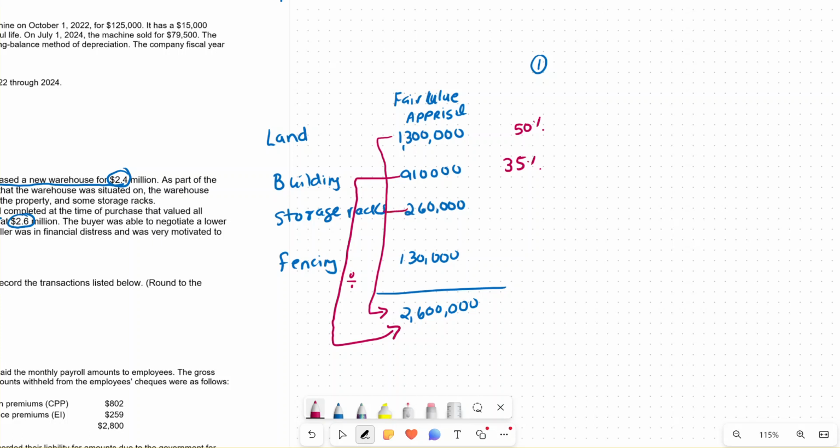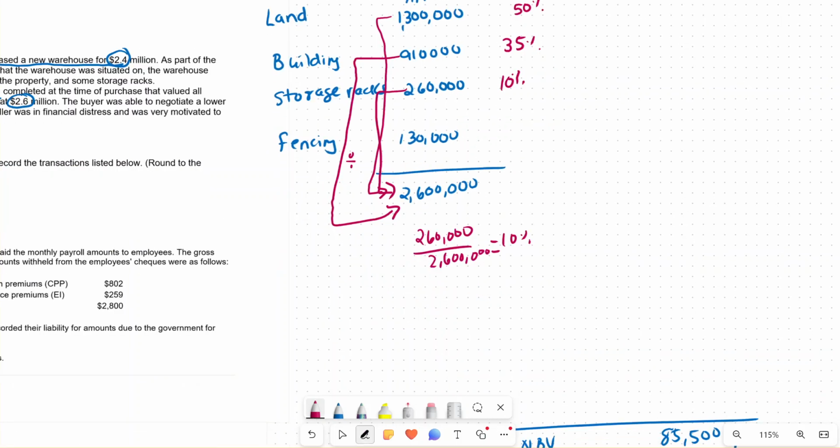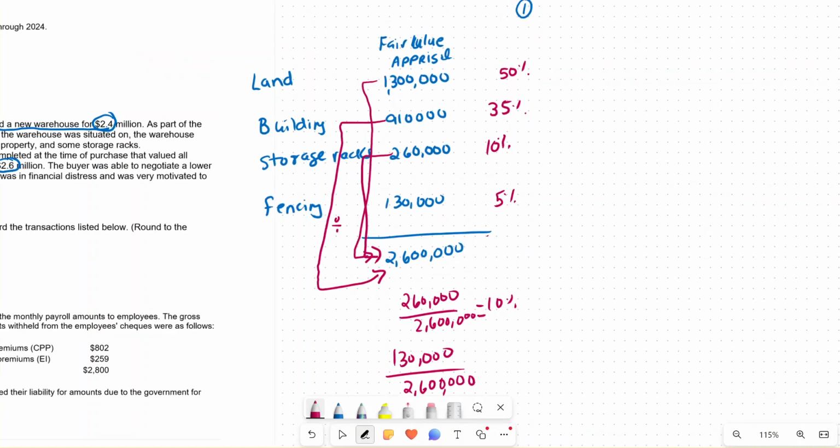Then you take your third number, 260,000 divided by 2,600,000, gives you 10%. Then you take your 130,000 divided by 2.6 million. It will give me 5%, and if I add up all these four numbers, it will equal 100%.